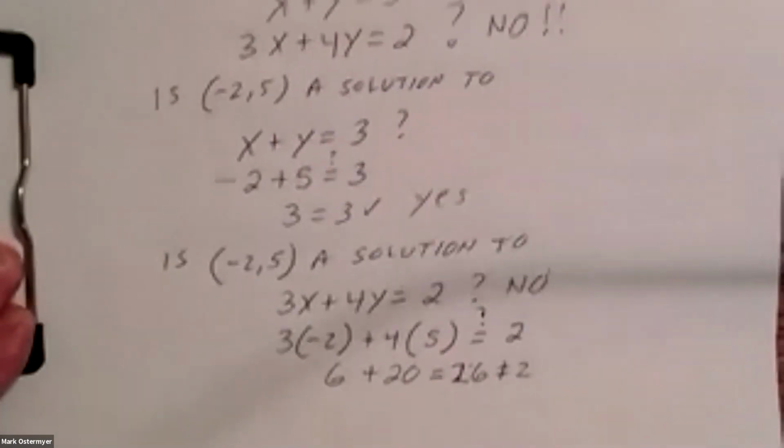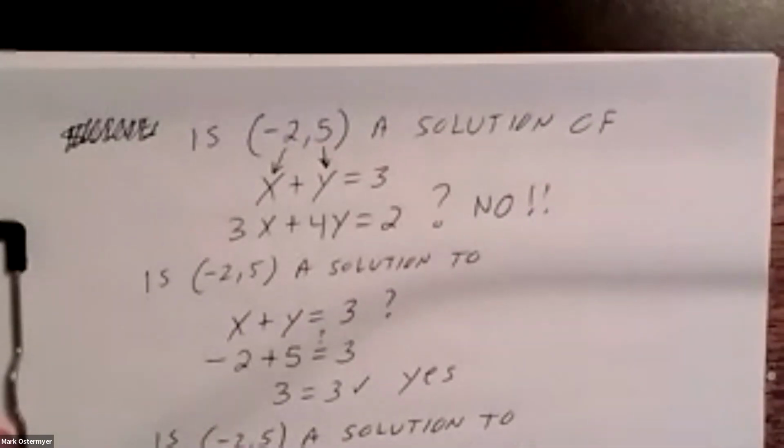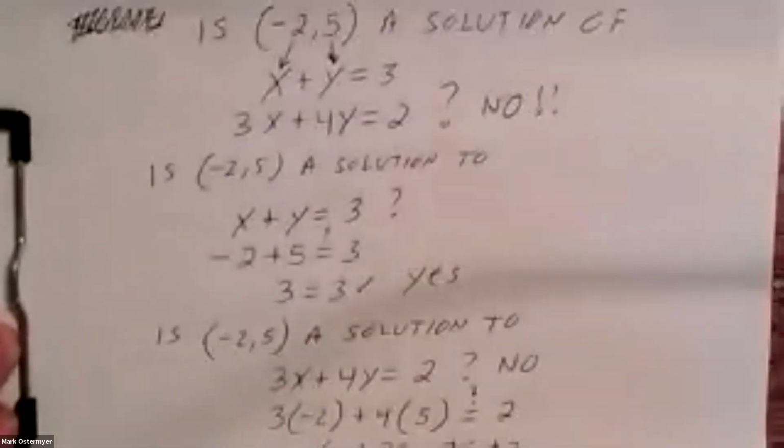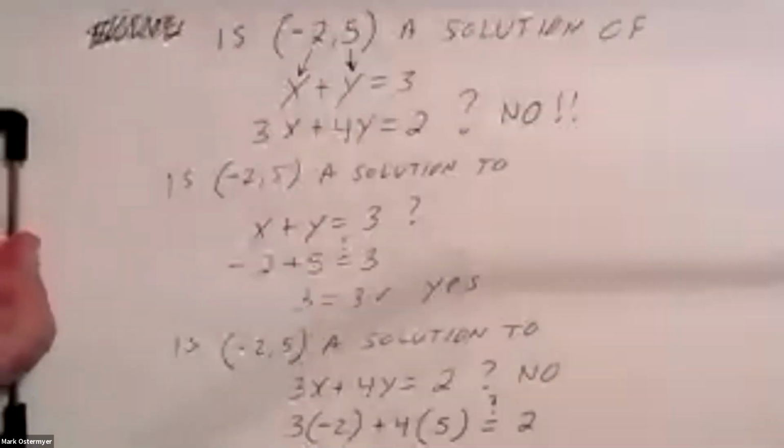All right, any other questions about this right here? So we verified that (-2, 5) is not a solution to that system of two linear equations and two unknowns. Let's try another ordered pair.